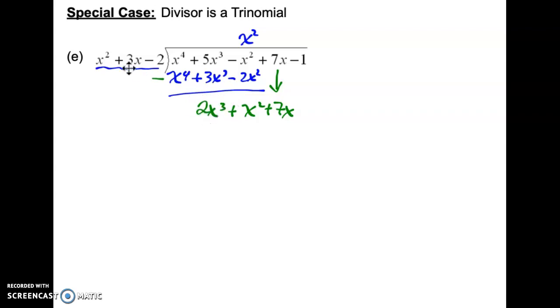So we take our 2x cubed, divide it by the first term of the divisor. So 2x cubed divided by x squared is 2x. Okay. Take the 2x, multiply it by all three terms. And then we subtract.